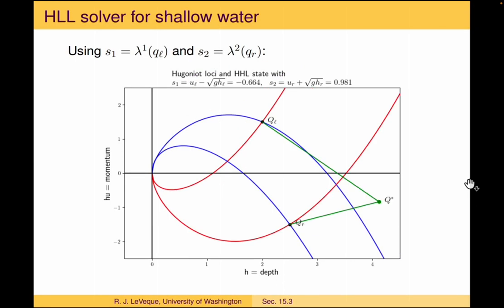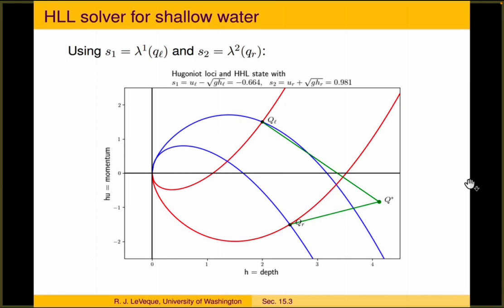Here's just one more example where I've chosen a QL that has positive velocity, a QR that has negative velocity, but they have similar sort of depths. In this case, we have positive velocity in the left state, negative velocity in the right state with similar jumps.